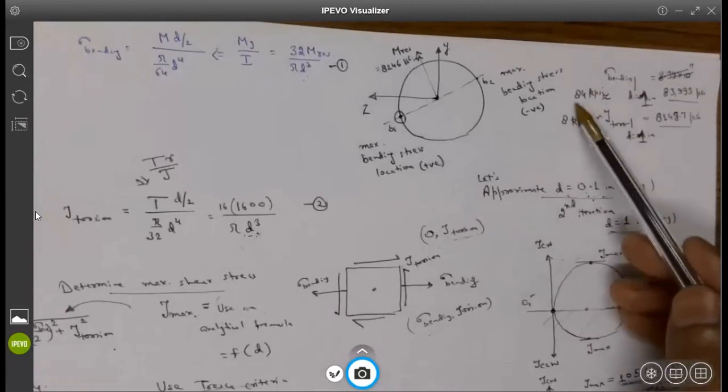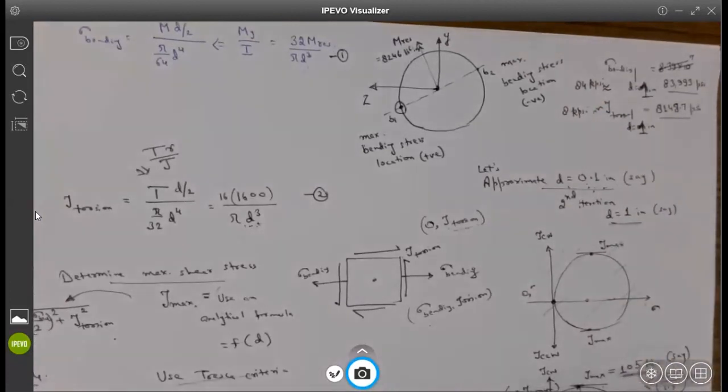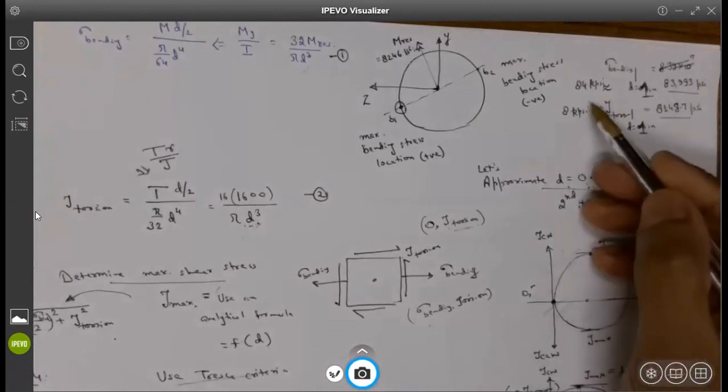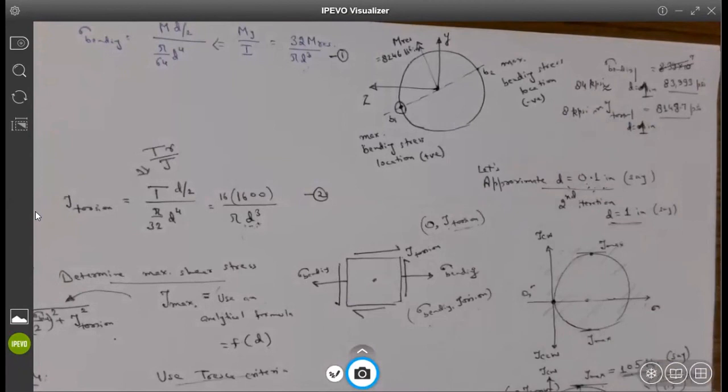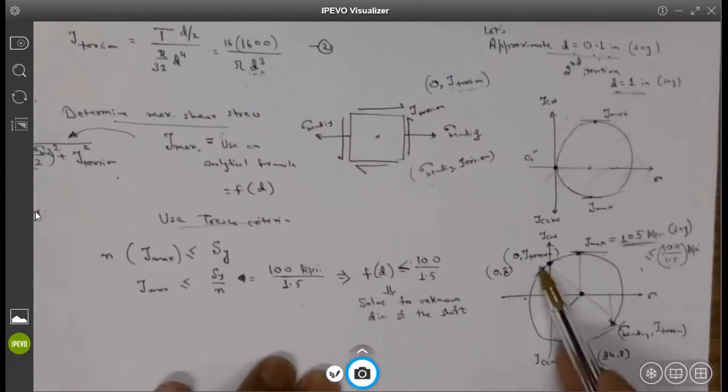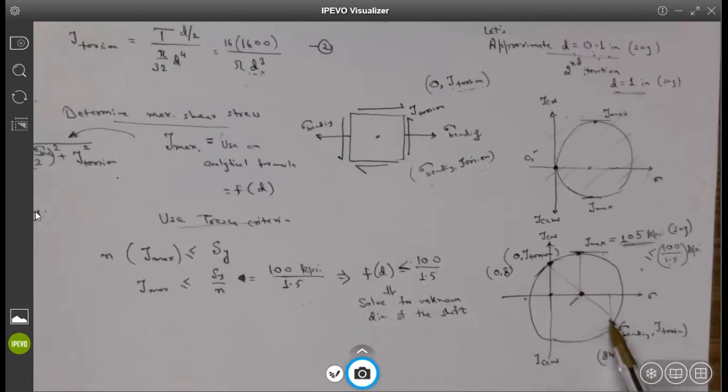So you get two points, 0, 8 and 84, 8. You know these two coordinates, so if you find the length of this line and take the half, you will get the radius. That will be your maximum shear stress, right?